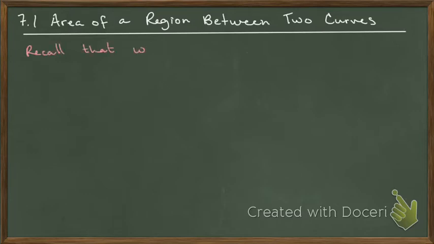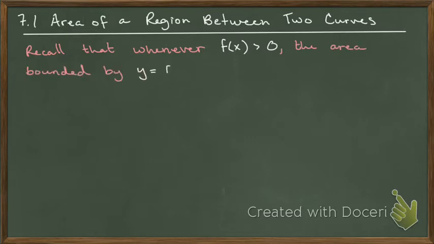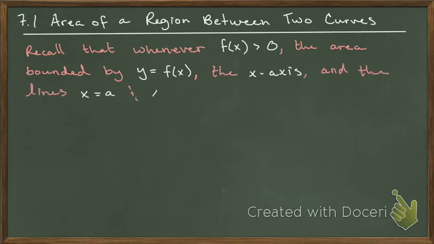Recall that whenever f is positive, the area bounded by f of x, the function, the x-axis, and the lines x equals a and x equals b. So I've got some generic region where a is less than b, of course, just to create some spacing.